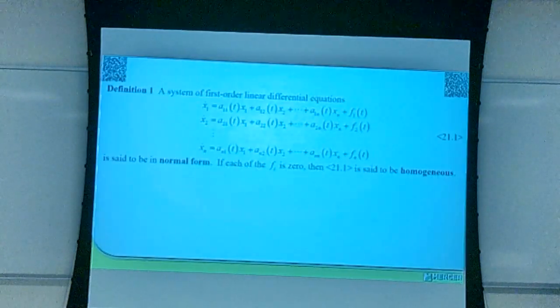It's where you have each of the derivatives equaling something in terms of the n dependent variables, the x1, x2, x3, x4, so on and so forth, all of a single independent variable t. In the case where each of those f sub i's is 0, it's called a homogeneous system. Then obviously, if they're not all 0, it's called non-homogeneous.